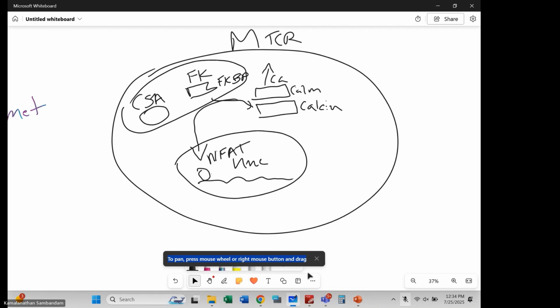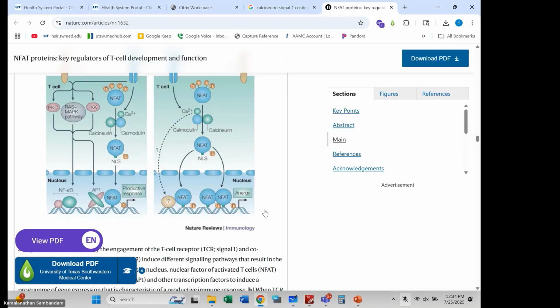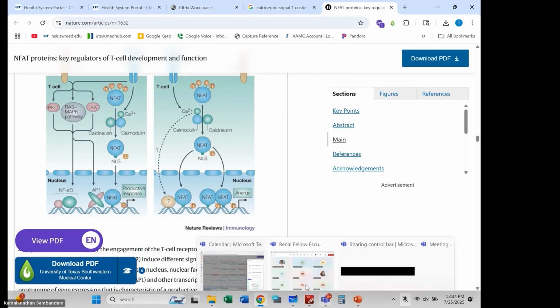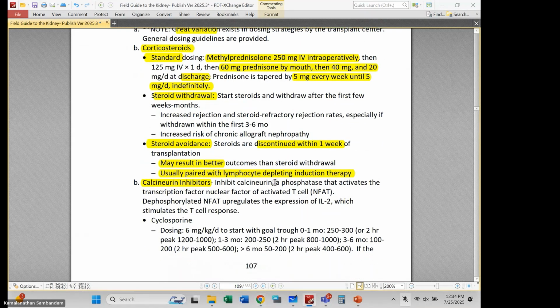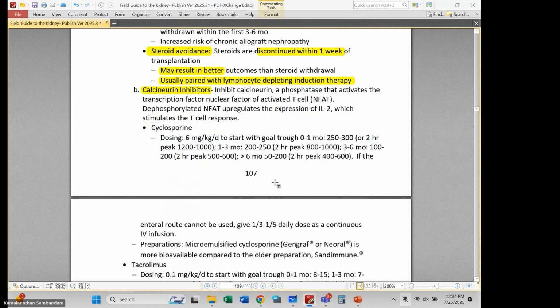That's why I think, even though there's a lot to digest here, you should know basic calcineurin inhibitor biology. I thought about bringing in some things from the internet and some other figures that I've made, but let's use the chalkboard. So again, calcineurin is a phosphatase that is involved in activating this NFAT pathway, a transcription factor.